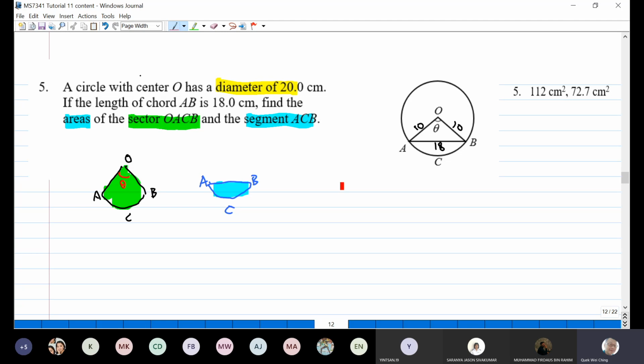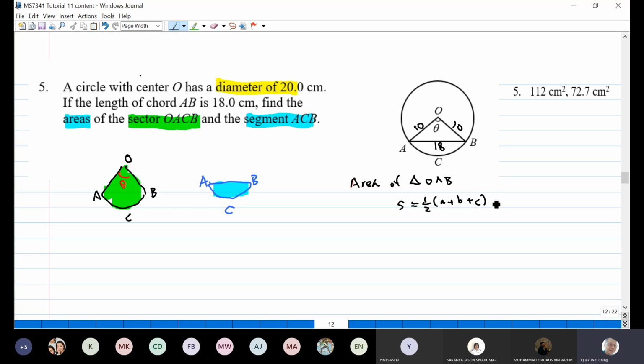Area of triangle OAB. I write here, area of triangle OAB. How to find this area? If you know three sides, of course you can find it the simplest way: S is equal to half of A plus B plus C. A is 10, B is 10, C is 18.